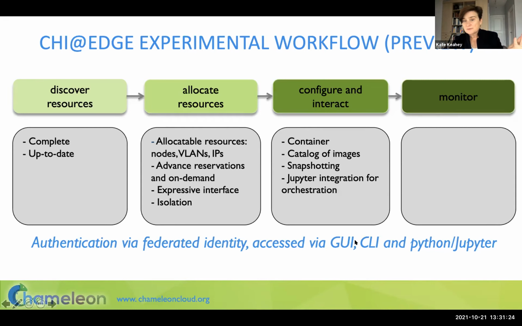And in terms of interfaces, we again provide everything that we ever provided, meaning a GUI, a command line interface, and an interface via Python. And you can log in via a federated identity, right? So if you want to experiment with the testbed today, you can log in. You're going to have to have a project. So maybe somebody can add you to a project, or you can apply for a project, and you can use these interfaces that I described here.